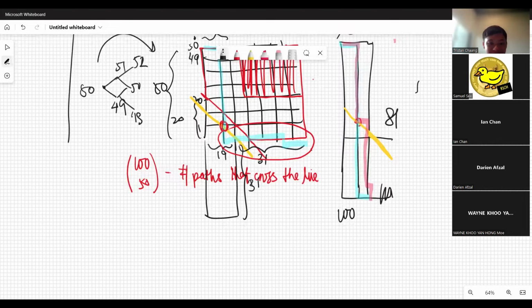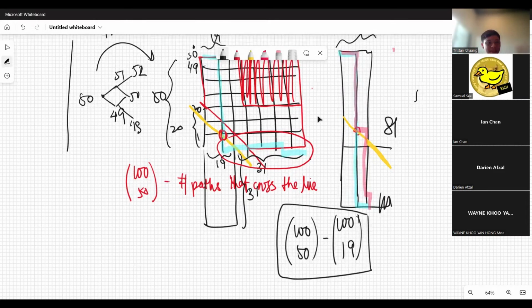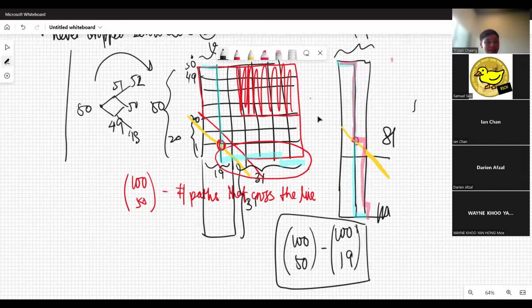You get 100 choose 50, minus 100, choose 81 or choose 19. And this is the answer. So this is a very, very intricate, very subtle, very smart, very ingenious bijection.